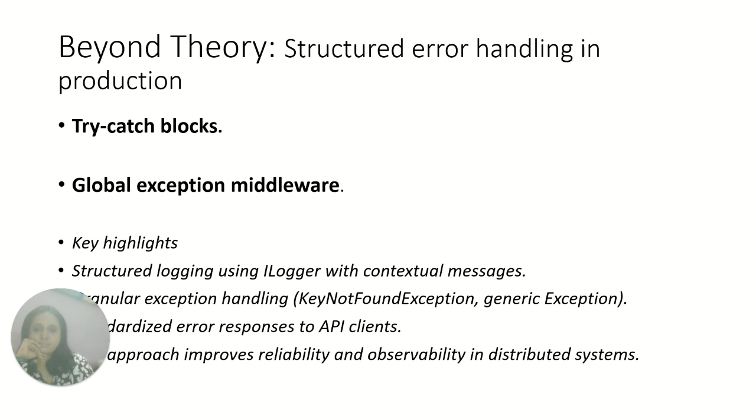And for structured logging, say using ILogger, rather than displaying just plain text, we can log error messages in JSON format, for example, and that can be used for filtering and proper logging. Standardized error responses to API clients is important by sending proper status codes with error messages, improving the reliability and observability in distributed systems.